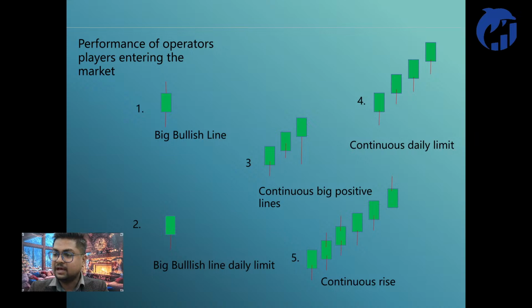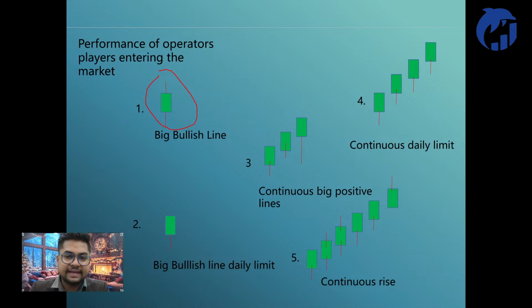I was giving a very detailed idea of how to identify what we mean by continuity. Just look at this big bullish line that I am drawing for you.